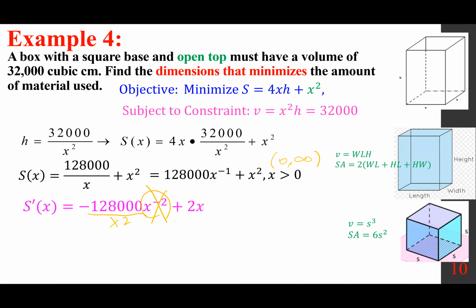And so what is the common denominator, class? x squared. So this one doesn't change. 2x times x squared makes it 2x cubed. So S prime is 0 when the top is 0.